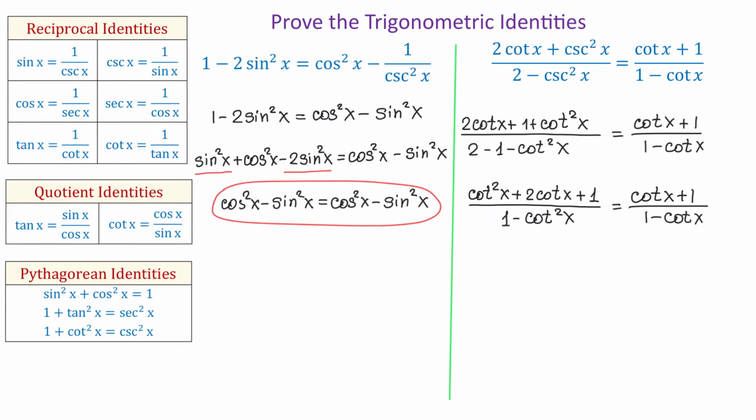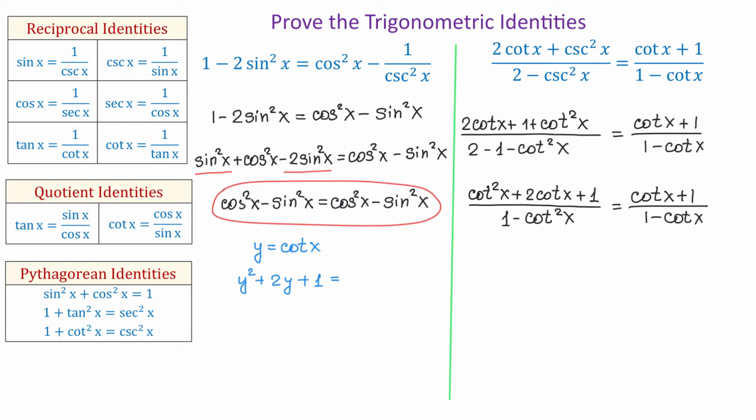Now on the left side I will factor both the numerator and the denominator. In the numerator we have a trinomial. And if I replace each cotangent of x with y, so y equals cotangent of x, then the trinomial in the numerator becomes y squared plus 2y plus 1.